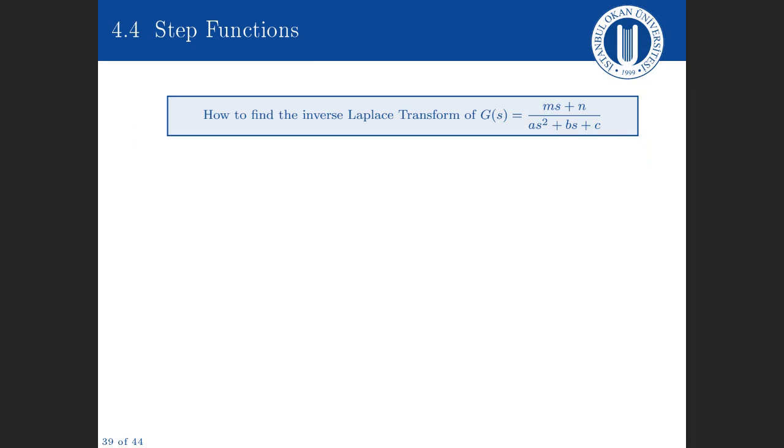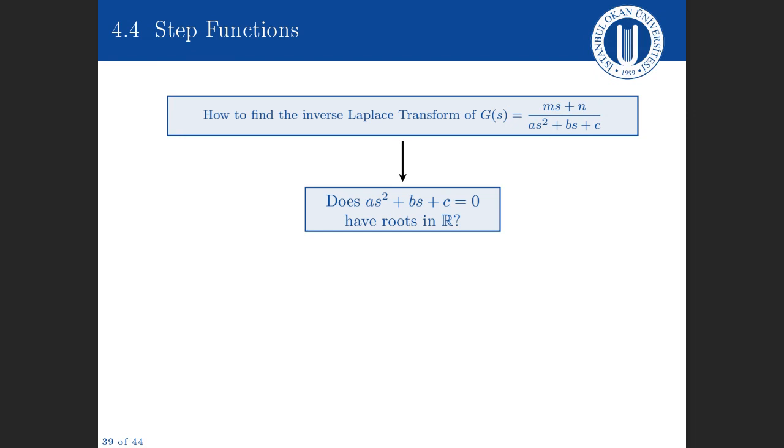So there's two methods that we've seen to find inverse Laplace transforms of functions like this. How do we find the inverse Laplace transform of something like ms plus n divided by as squared plus bs plus c? The first question we should ask is, does the denominator have roots in the real numbers?